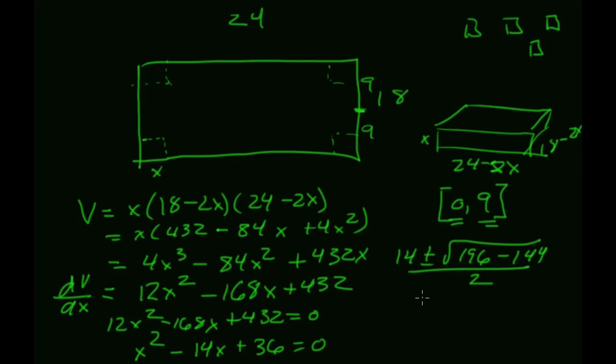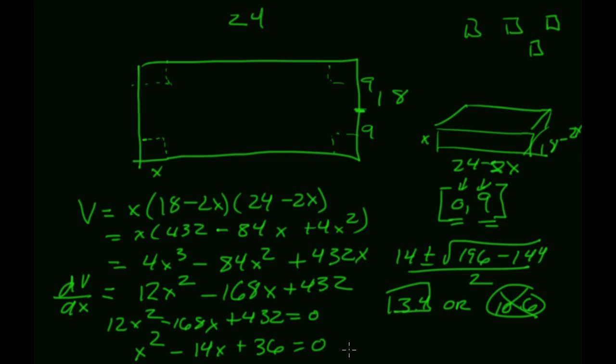I popped that through the calculator, and I end up with 3.4 or 10.6. But I can rule that one out because my domain is between 0 and 9, so I only get 3.4 as the possibility.